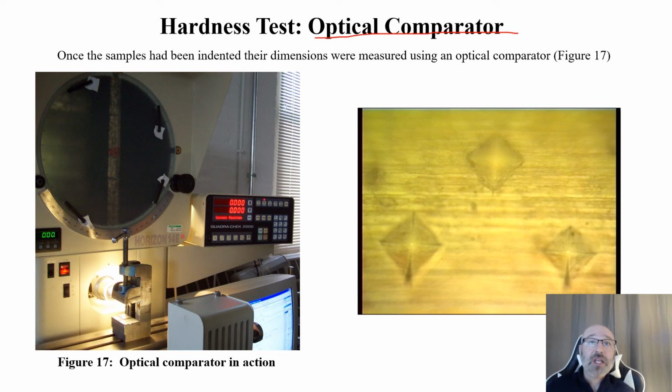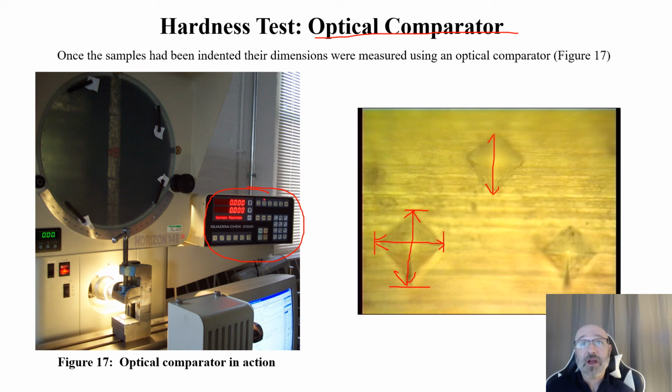We could see a little bit more zoomed in, better shape of these diamond indents. This is hooked up to a really accurate stage with a digital readout that we could then go through and measure: what is this length here? What is this length right here? And get accurate measurements for each of these diamond-shaped indents.